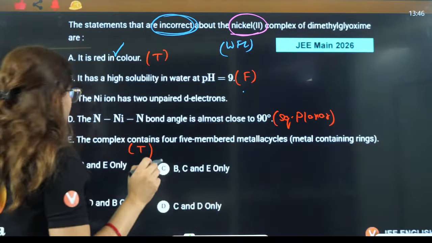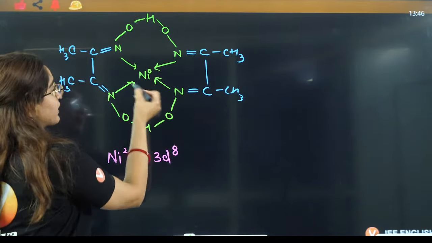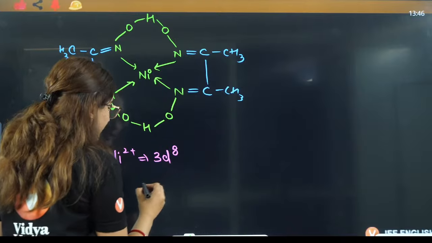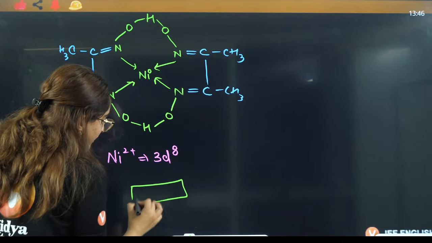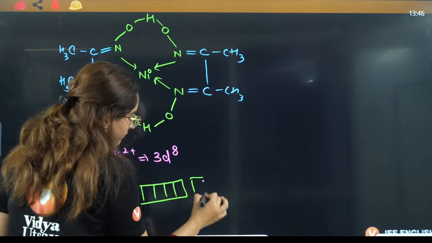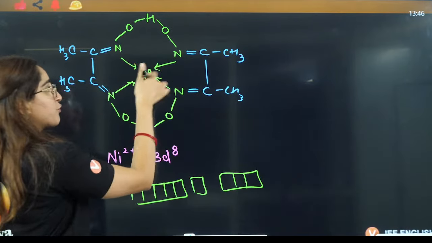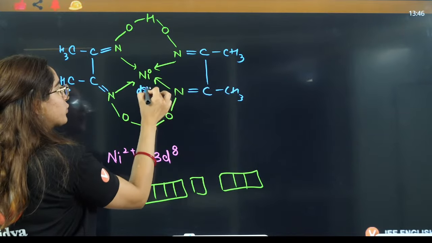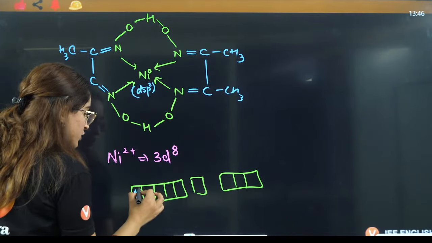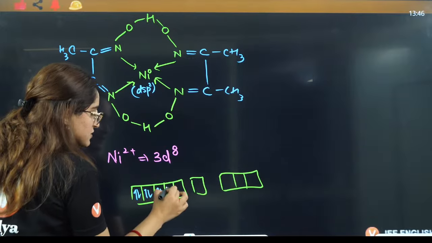Yes, it is actually a strong field ligand, because if it is making dsp2 hybridization, then definitely this is acting like a strong field ligand. My bad. Because we can see it is making dsp2, that means it is sp2, so it will be 1, 2, 3, 4, 5, 6, 7, 8.